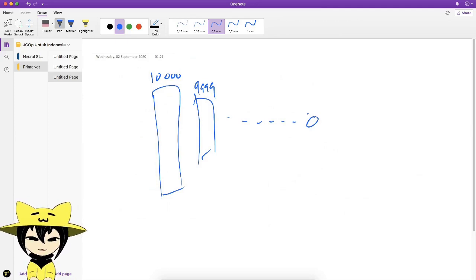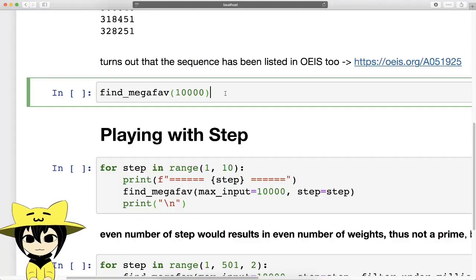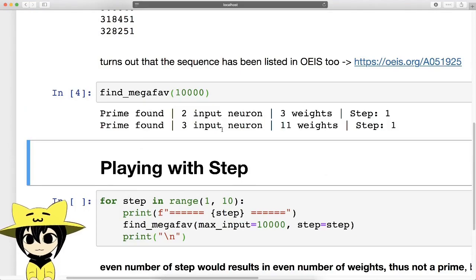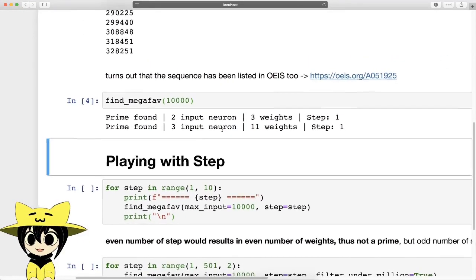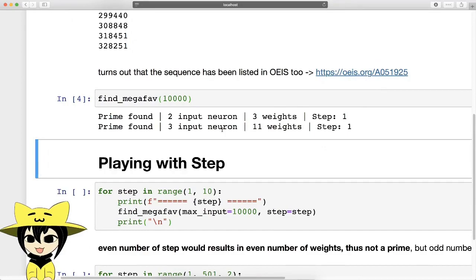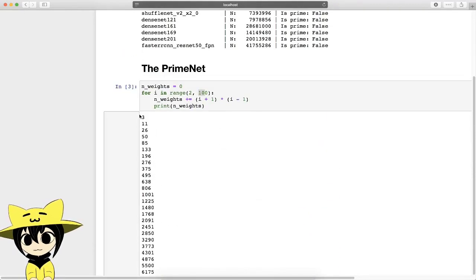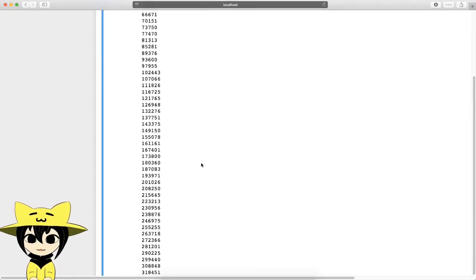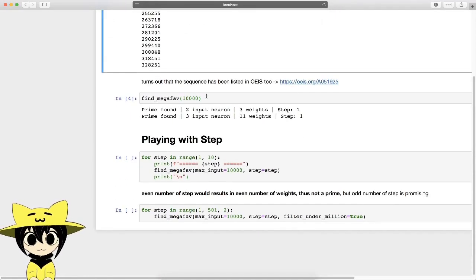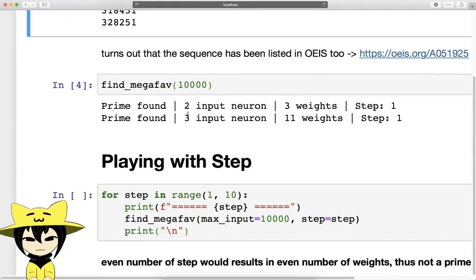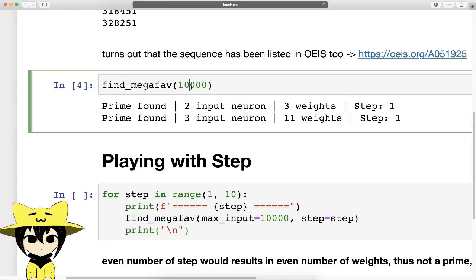Hopefully one of them has a prime number of weights. So let's see. Oh wow, surprisingly we could not find any prime number except the first two, 3 and 11. That's weird. I'm not sure why. Maybe if we go deeper, with more inputs, we could find a prime number.